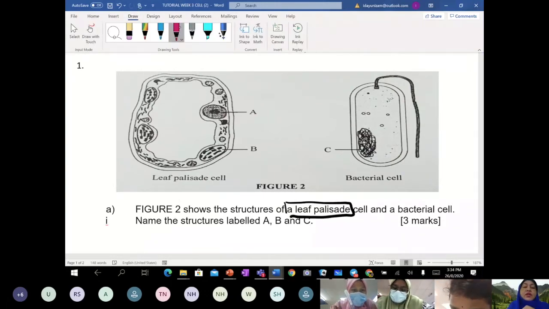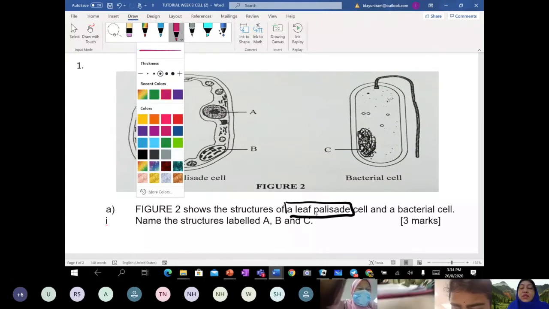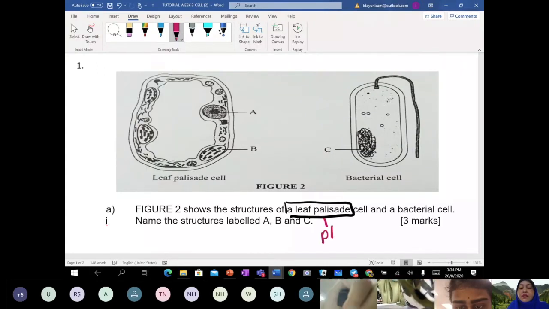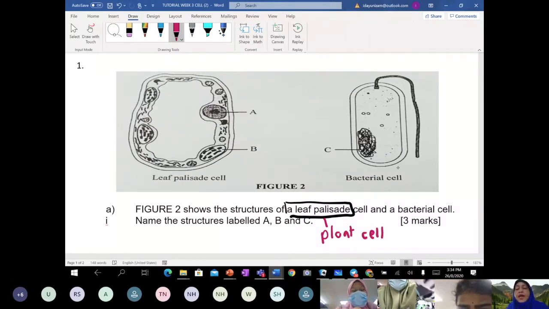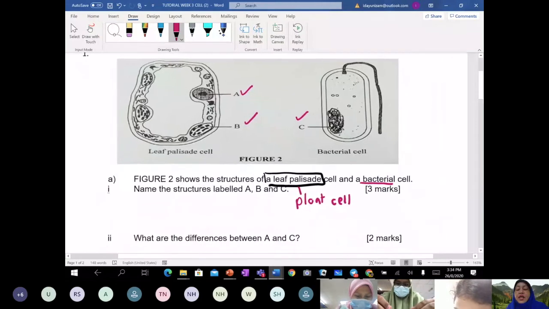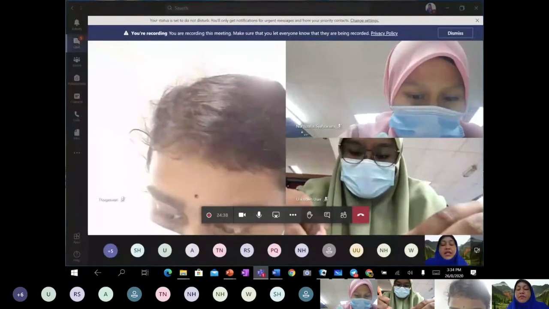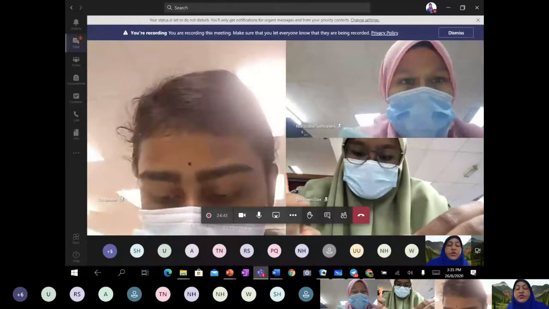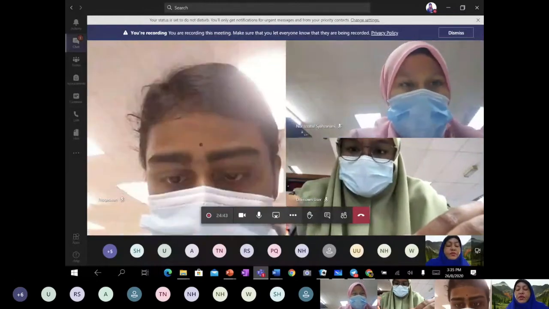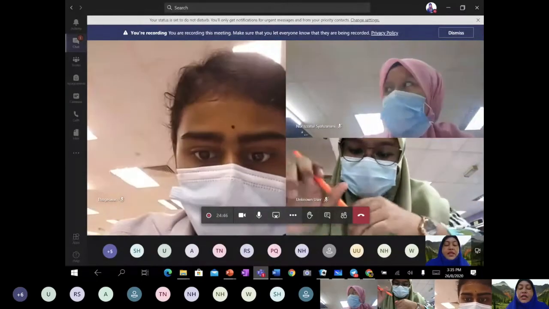When teacher mentions leaf palisade cell, it means what, class? Leaf means it is a plant cell, compared to the prokaryote just now, which is a bacteria cell. So when the question asks you to label structures A, B, and C, automatically, can I have Togesh to show your answer? What is your answer for A, B, and C, Togesh?